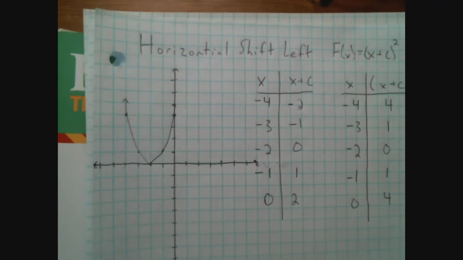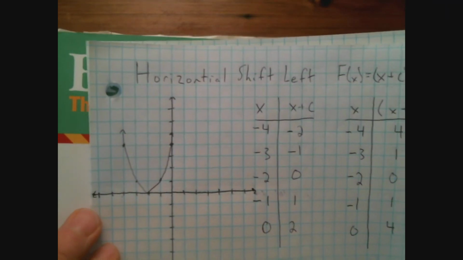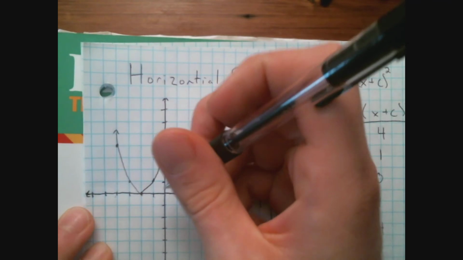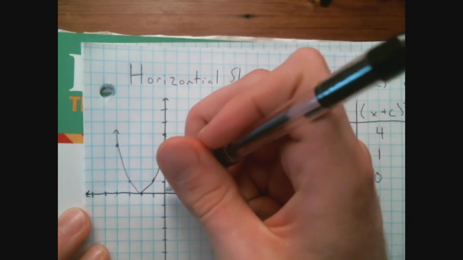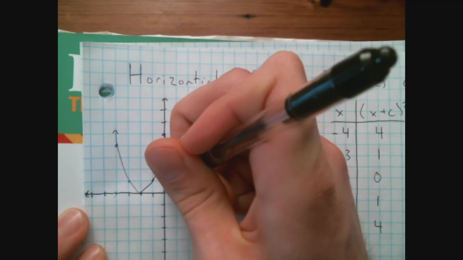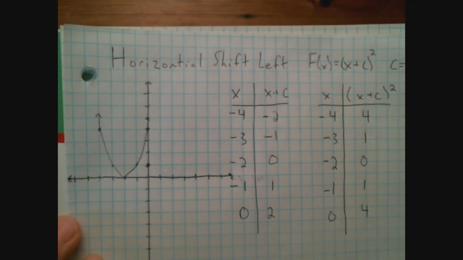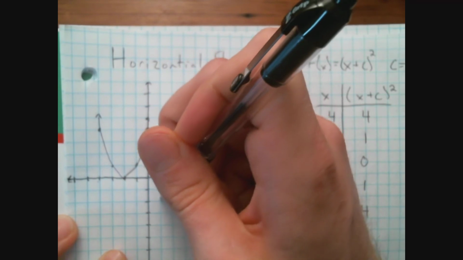So here we're going to go up to our graph, and we're going to plot all of these points. So our first point is 0, 1. So go over 0 and up 1. Our next point is 1, negative 2. So we go over 1 and we go down 2.